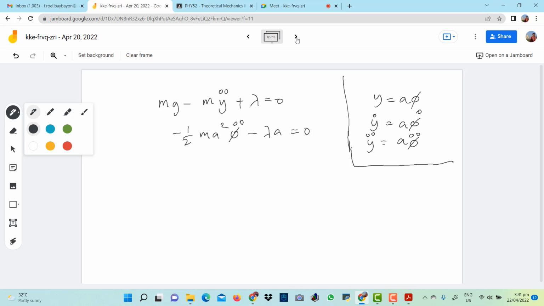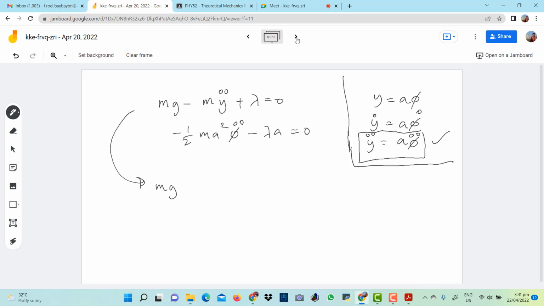I have three unknowns. I only have two equations, so that's why we can use this. You can use this relationship from my equation of constraints to fill in the missing equation. The unknowns are phi double dot, y double dot, and the lambda. So I will use this to reduce to two unknowns and then solve for lambda. Okay, so if I use this, y double dot is equal to a phi double dot, what will you get from here?